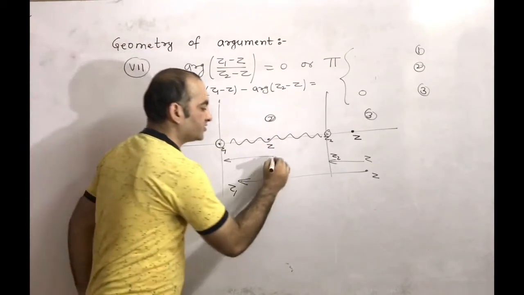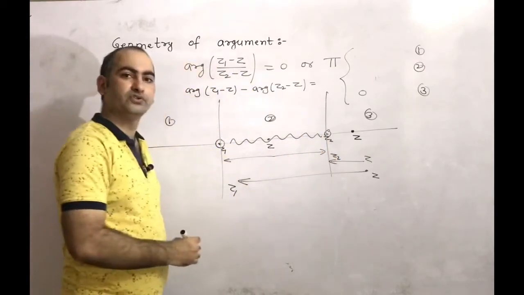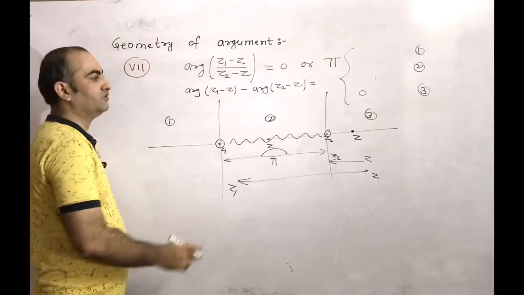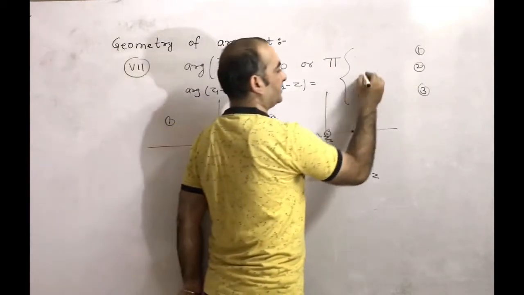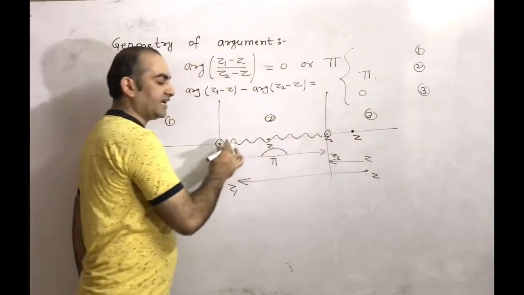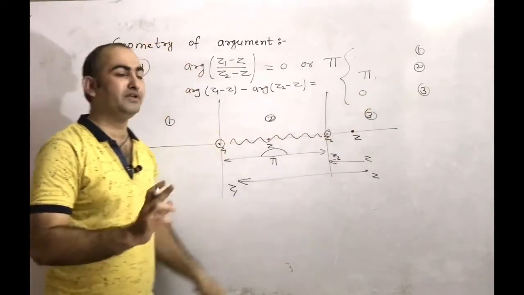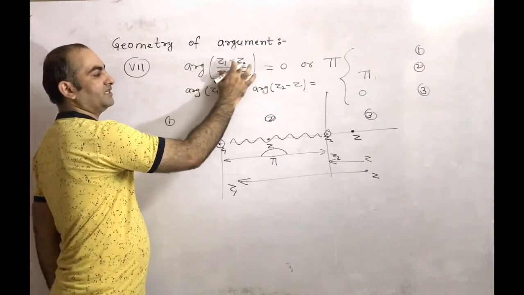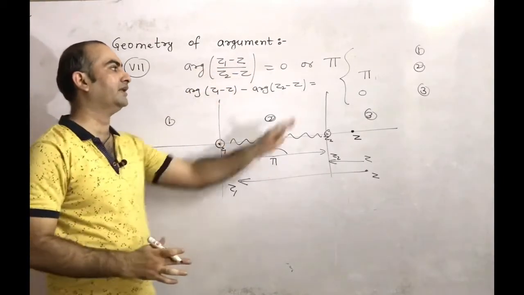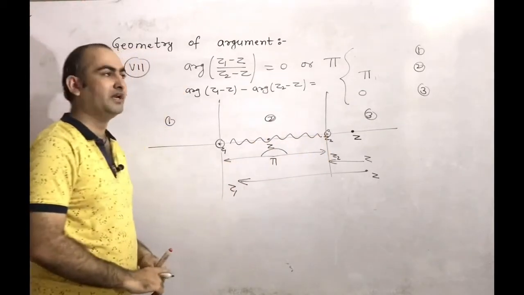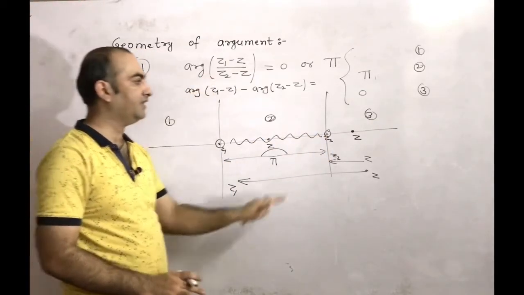You can see the angle is pi, so the difference between these two is pi. So if the argument of (z1 minus z) divided by (z2 minus z) equals pi, then z lies between z1 and z2. And if it is given as 0, then z will lie in the third section.